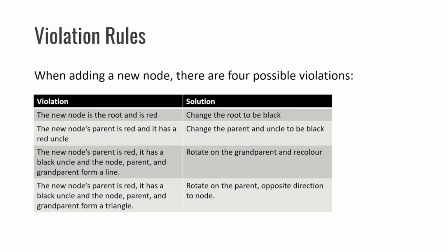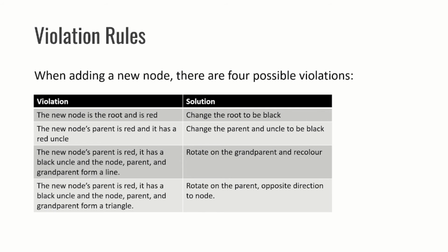So there are 4 potential violations which could happen when adding a new node. A couple of them you've seen already. If the new node is the root and it's red, that violates rule 2, so all we have to do there is change the root to be black. If the new node's parent is red and it has a red uncle, we change both the parent and the uncle to be black.